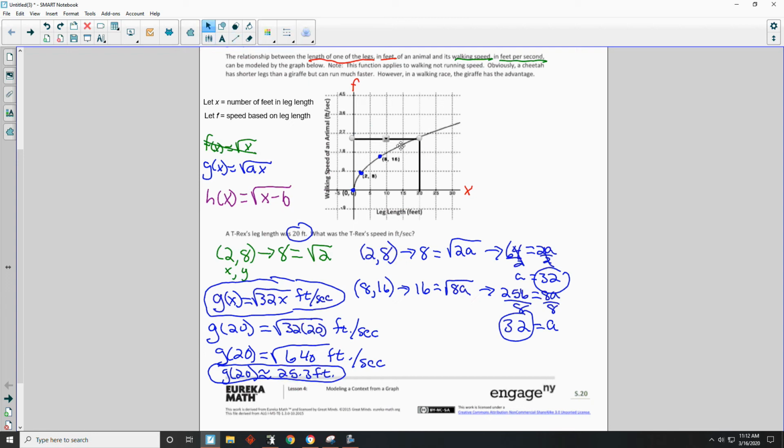And let me just fix that a little bit. Okay, so what I'm saying is you go up to the function at 20 and you go over, and that is 27 up here, 18 down here. 25.3 is closer to 27 than 18, so this does look like the correct answer. And that's one way you can check your solution.